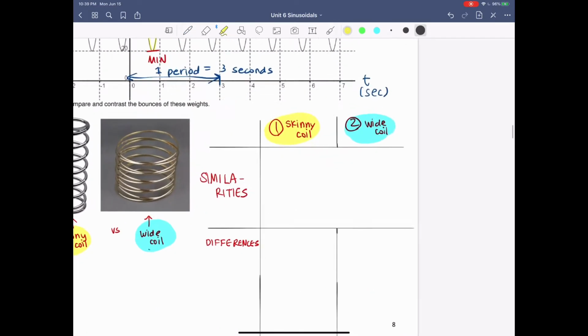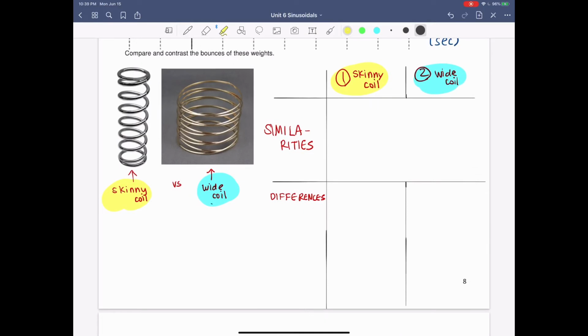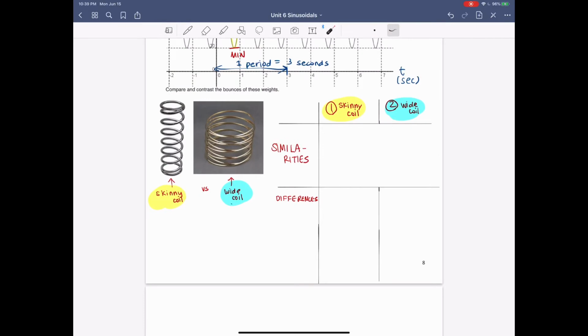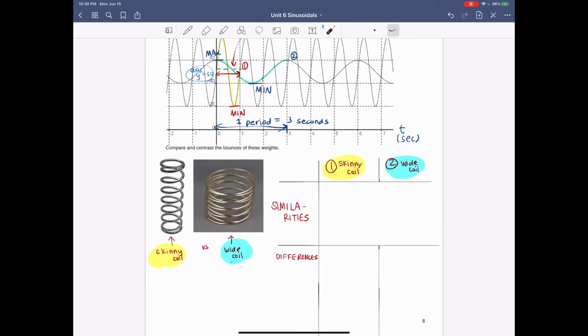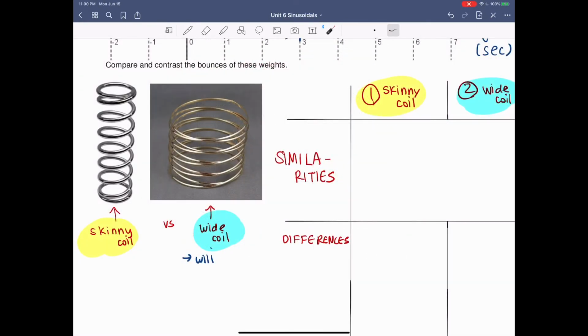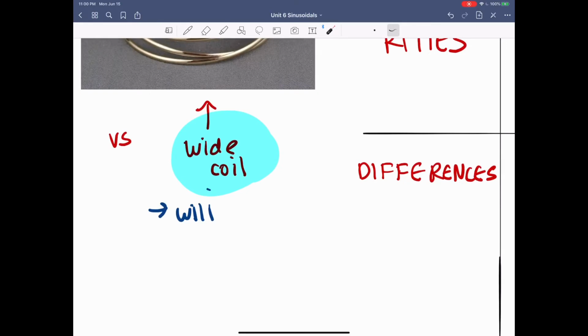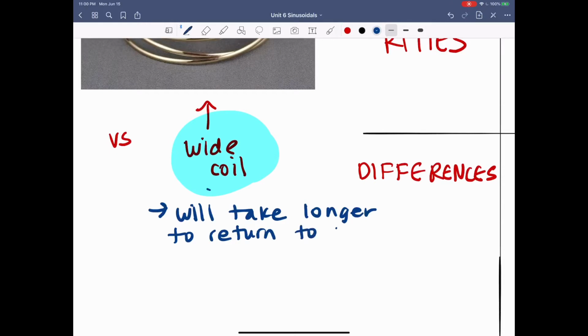From there on, you can start writing your similarities and differences because they ask you to compare and contrast the bounces of these weights, how they differ and how they are the same. So I just wanted to point something out between the skinny coil versus the wide coil. At the end of the day, it is the material that determines the stiffness that will determine how it's going to bounce, right?